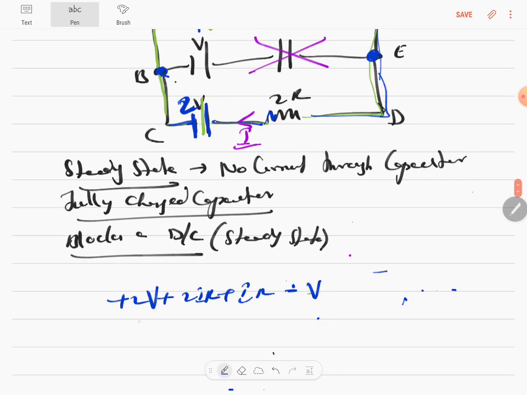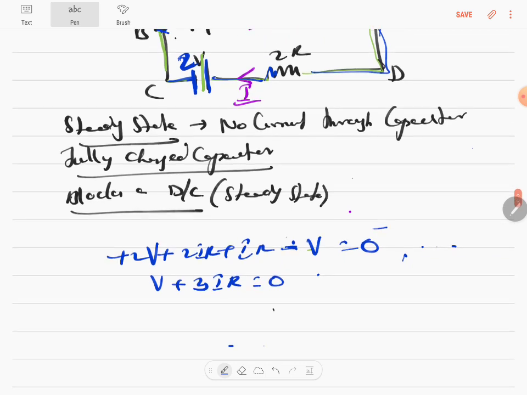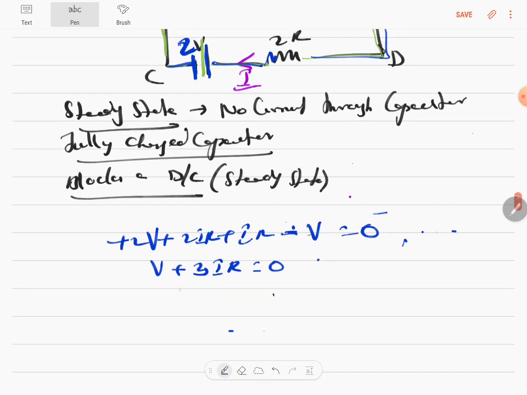They've given it as 2V. So this is equal to 0. 2V minus V is V, plus 2IR plus IR, 3IR is equal to 0. So thus you get V is equal to minus 3IR. Therefore I is equal to V by minus 3R.